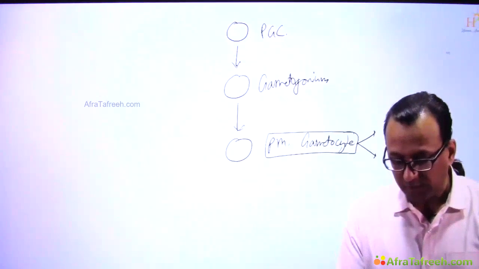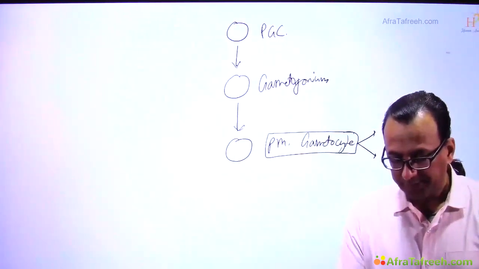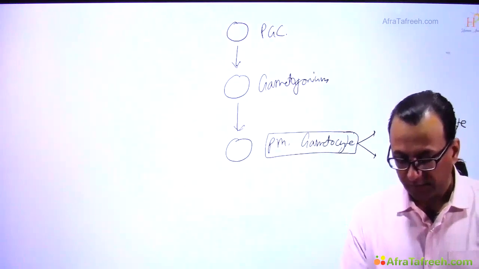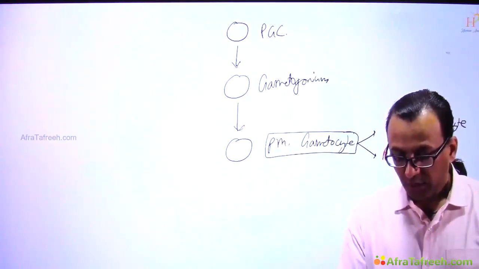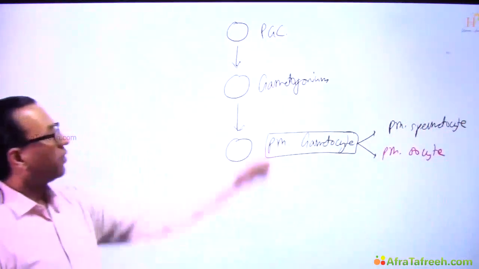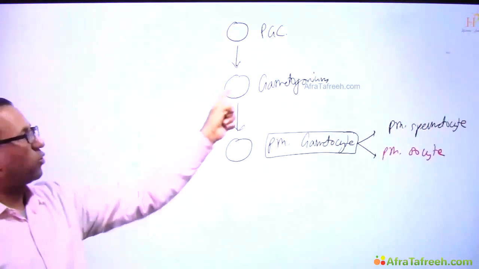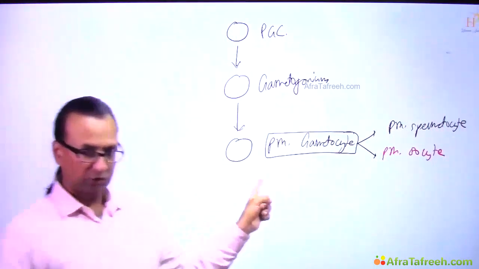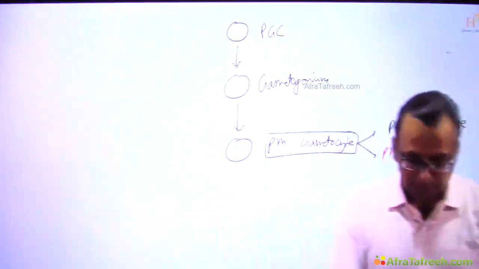If it is male, you will say primary spermatocyte, and if it is female, you can mention it as primary oocyte. Now understand, these conversions, from primordial germ cell to gametogonium to primary gametocyte, all happen by mitosis.